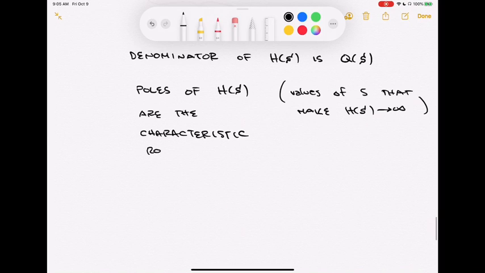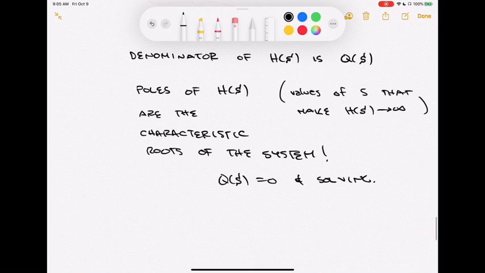Characteristic roots of the system. And we can find that by saying Q of s being equal to 0 and solving. We can find them that way. We can find it as the roots of the denominator of h of s.